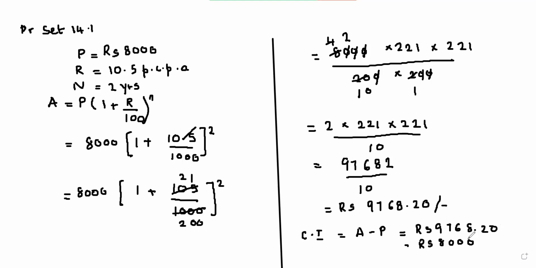Okay, so the compound interest I have to pay is 1768.20. Okay, so when I minus it, I'm writing it here, equals to rupees 1768.20. This is my compound interest.